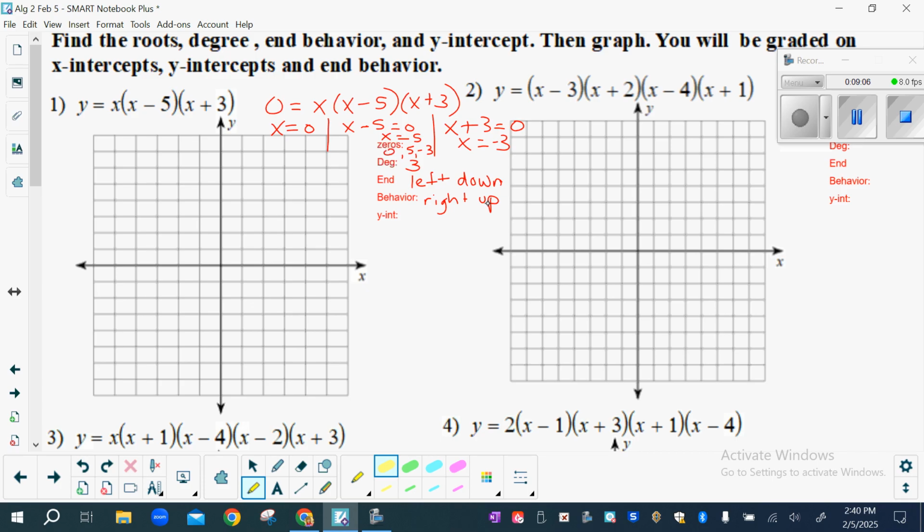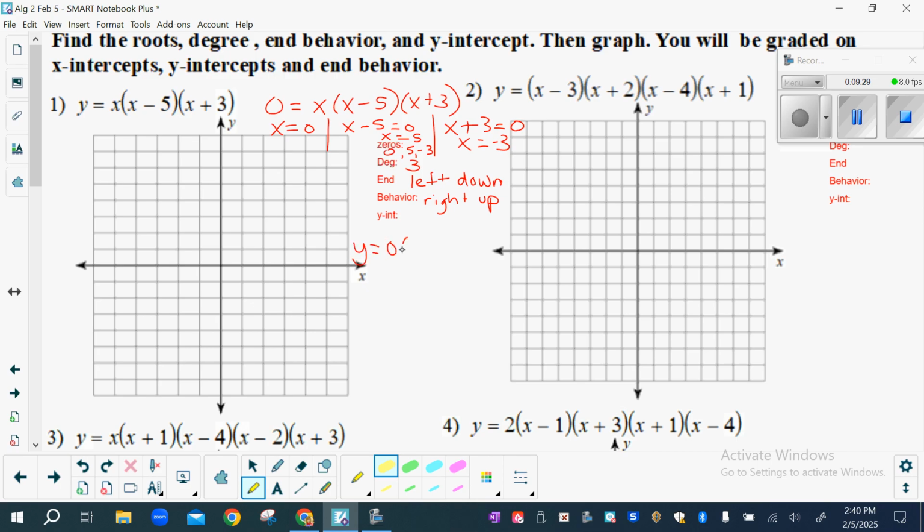Okay, y-intercept. How do we find a y-intercept? Make x 0. Good, Tia. So we want to make x 0. We're going to put a 0 in our equation for all the x's.